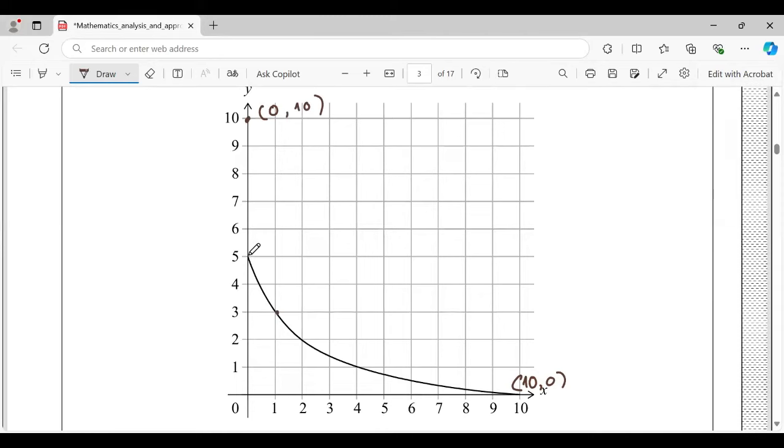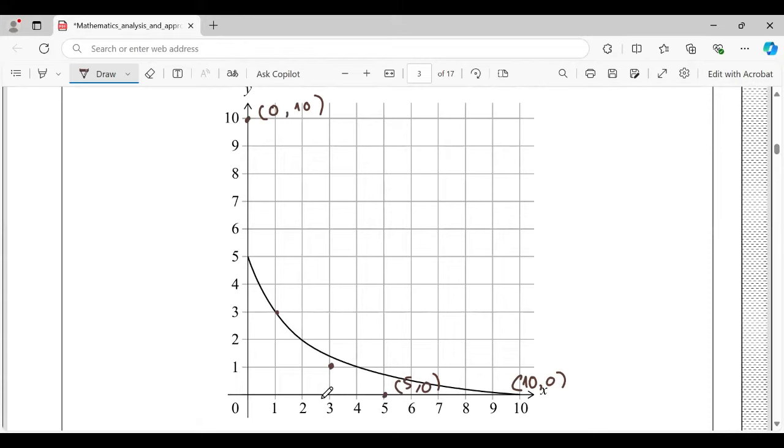And if the coordinate point is (0, 5), it will be moved here. The intercept will be (5, 0). And if this is (1, 3), it becomes (3, 1) here.